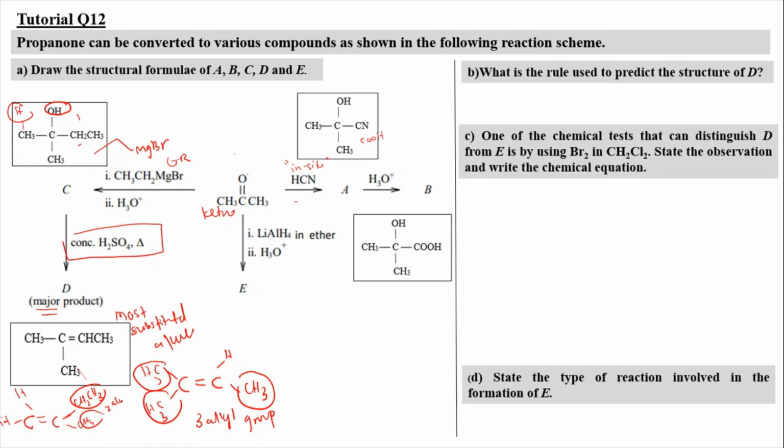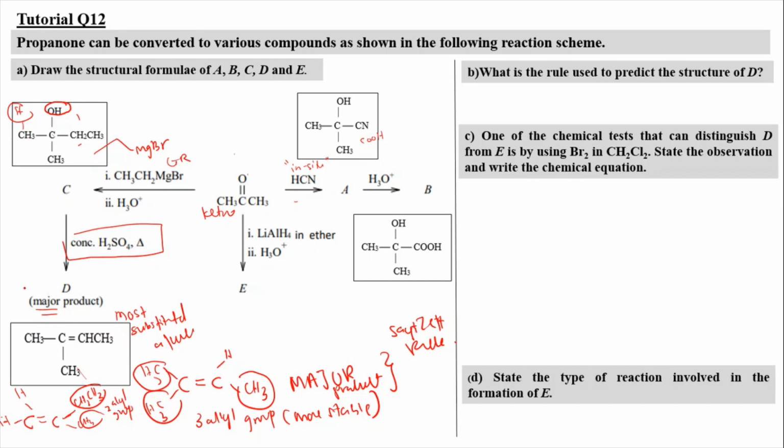Okay, so the 3 alkyl group is more stable because it's a more substituted alkene, and this is going to be the major product. So the rule for this one is based on the Saytzeff rule.